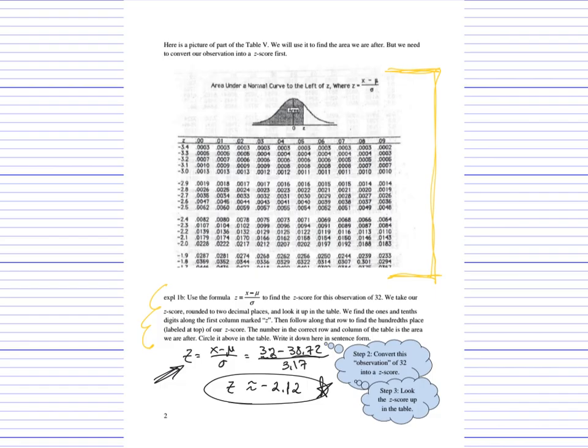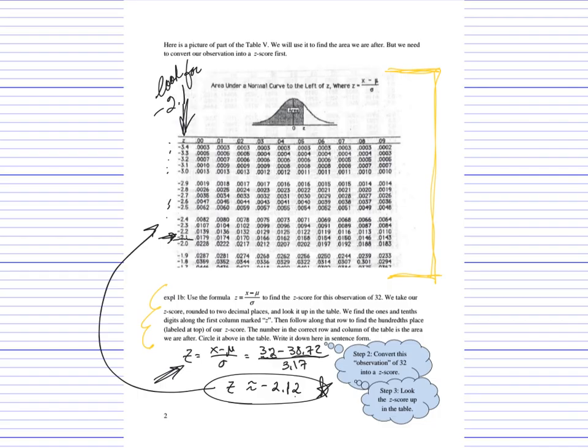Okay, now let's go find that in the table. So you'll remember it's this z column here that you look for negative 2.1. And so you come down here and you find it in this row here.